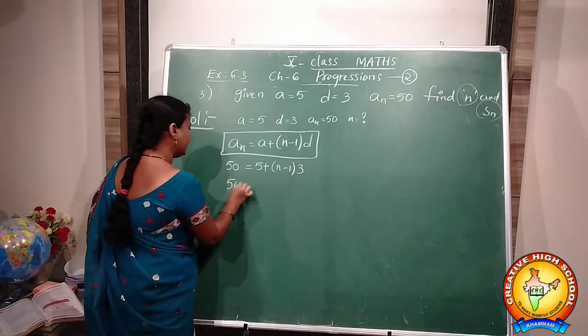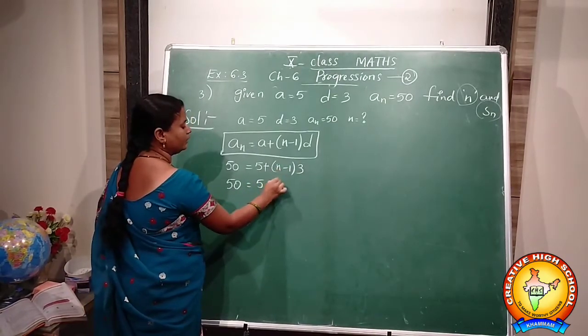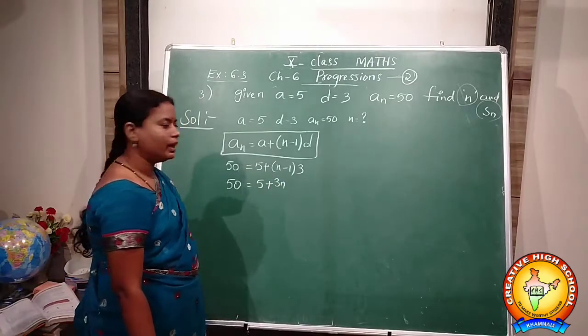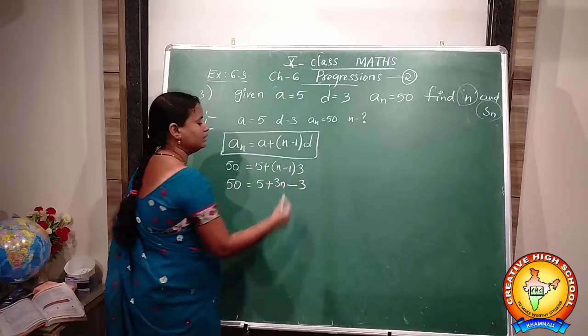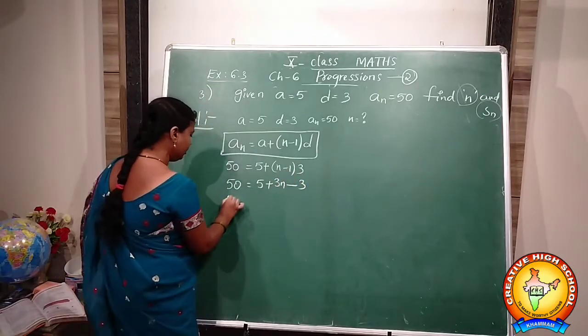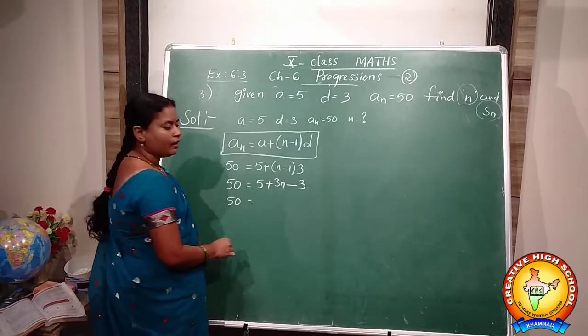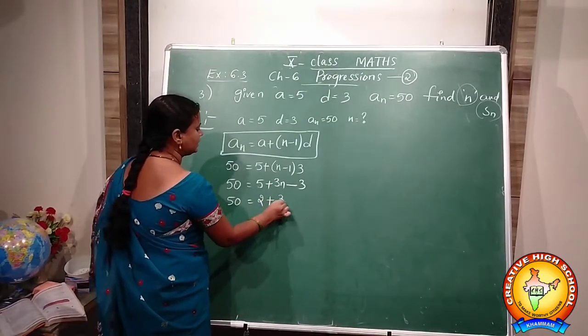So 50 is equal to 5 plus 3 into n minus 1, 3 into n will become 3n, minus 3 ones are 3. 50 is equal to 5 minus 3, it will become 2, plus 3n.